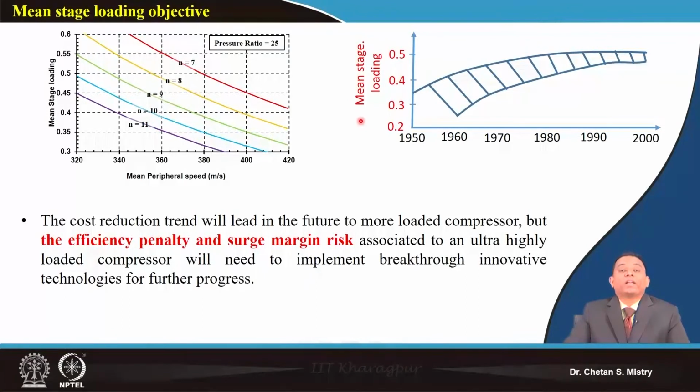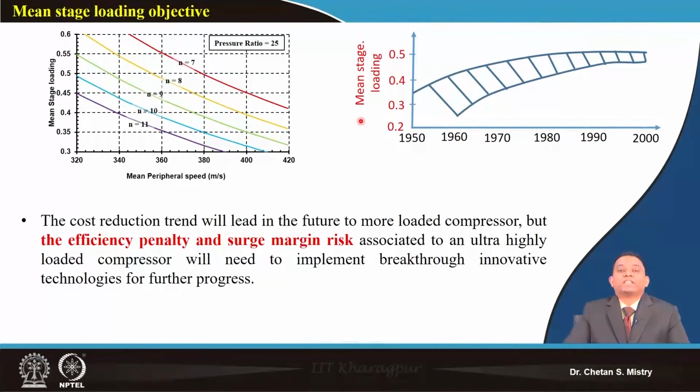And when we go to higher mean loading, we are going on a greedy side, and that requires a whole lot of new developments to address the issues related to efficiency, issues related to stall or my operating range.